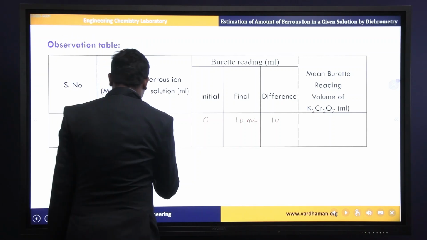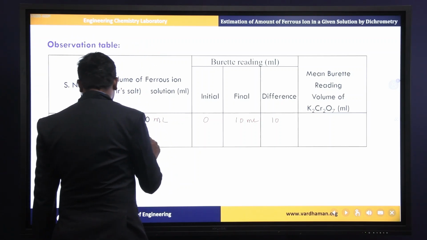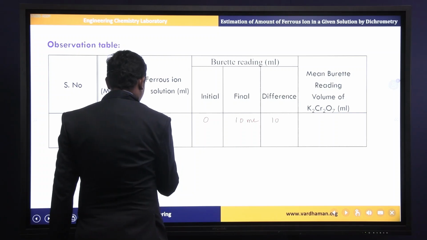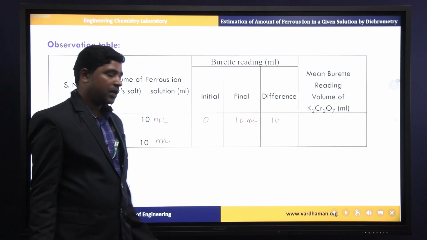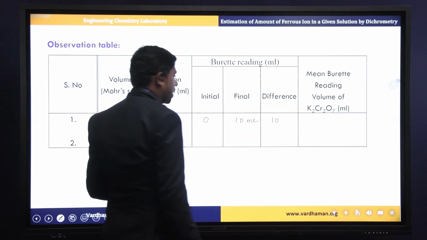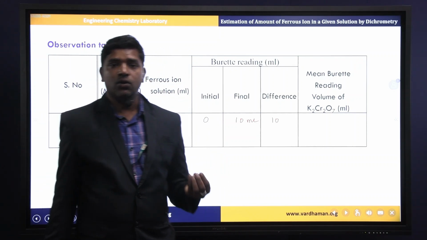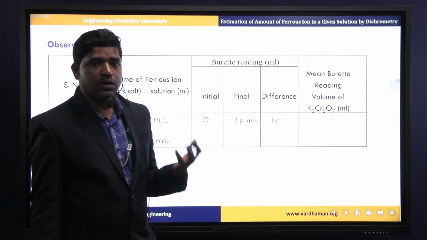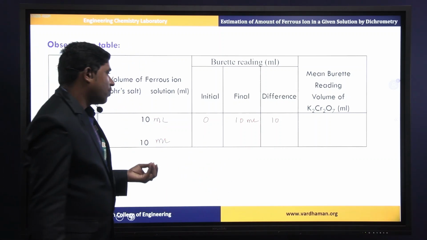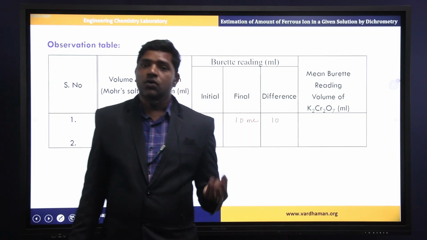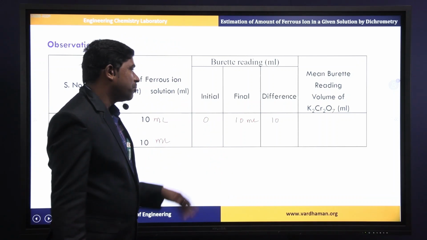Okay students. So repeat a second time. We take 10 ml of Mohr's salt solution in the conical flask and follow the same procedure. Add 2.5 ml acid mixture, and add 2 to 3 drops of indicator. This colorless solution is titrated against the potassium dichromate in the burette. When we observe the violet blue color, we stop the titration and note down the burette readings.